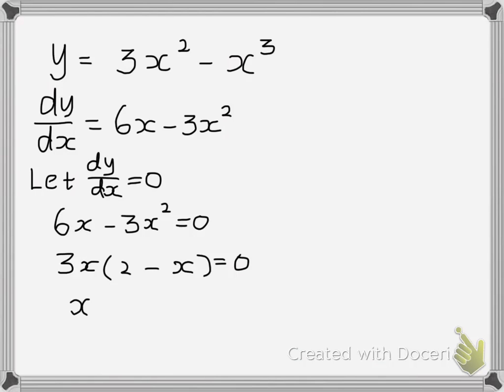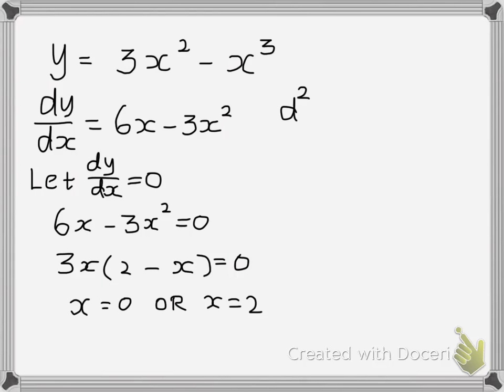So x must equal 0, or x must equal 2. At these two points, dy dx equals 0, which means the gradient has become horizontal, or the gradient of the tangent has become 0.